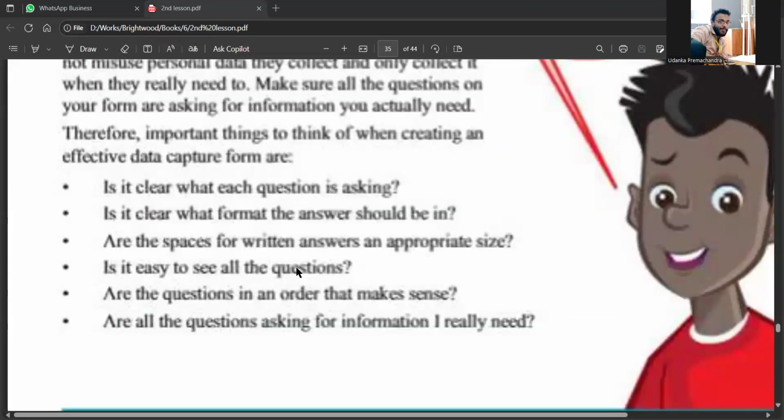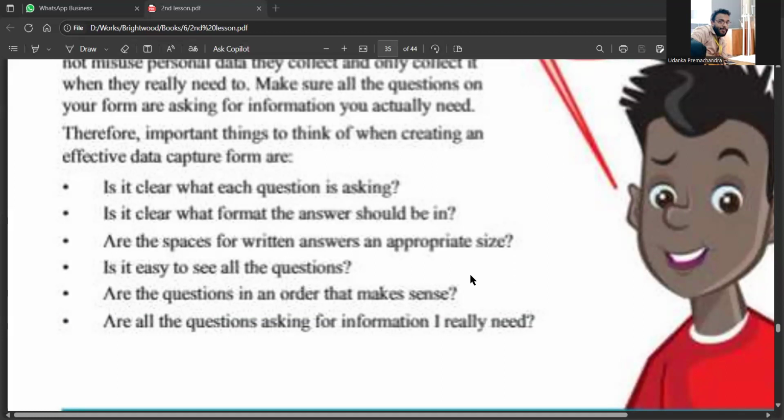If you are asking about a name, directly ask about the name. It should be clear what format the answer should be in, for example whether age is given as a number or in words. And there should be appropriate space for written answers, enough space for the writing.